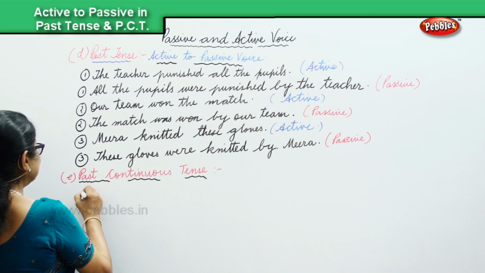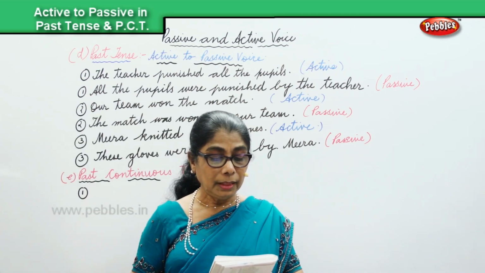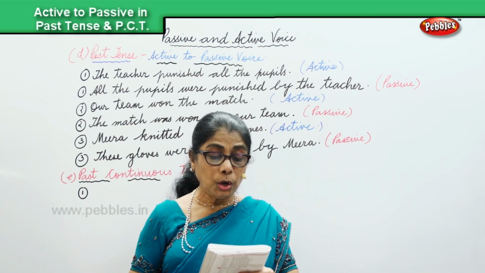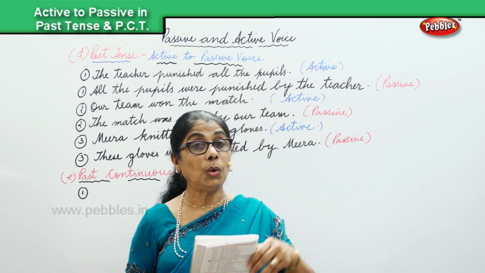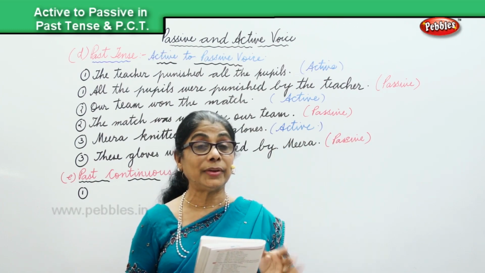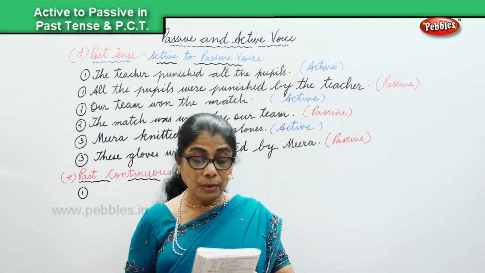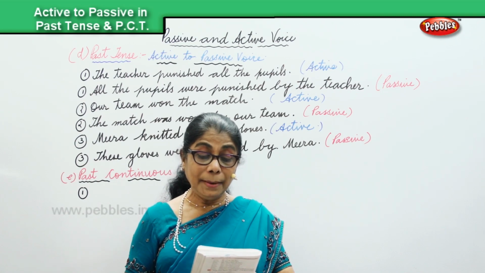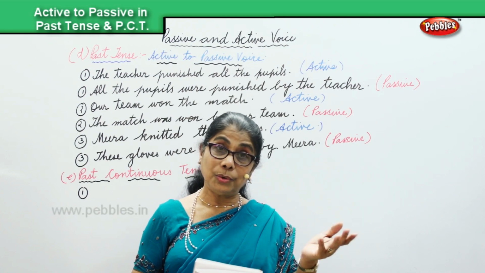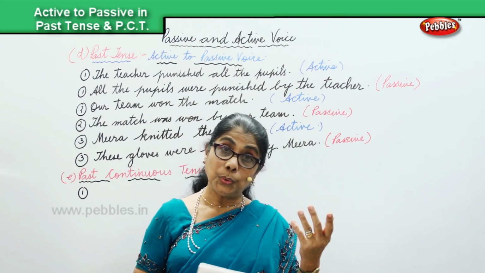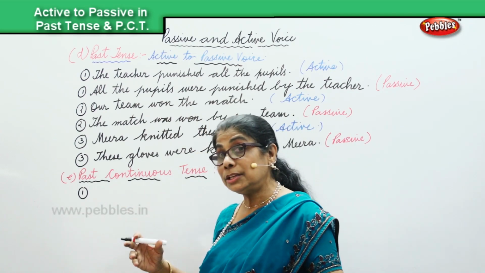The first sentence I have here is, the wind was blowing the clouds away. That's the active voice. And when we change it, the clouds were being blown by the wind, and that is in the past continuous tense.